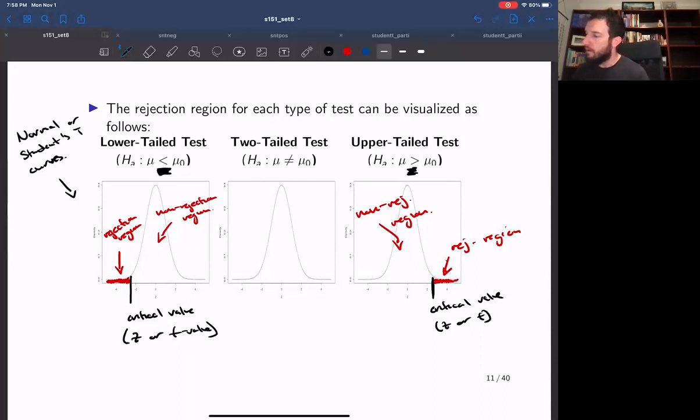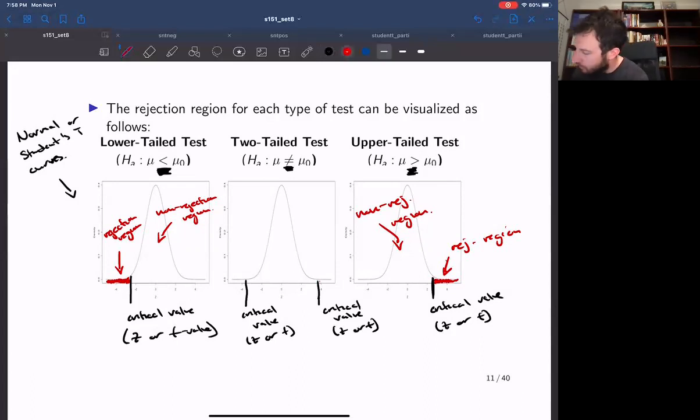Okay, so the tricky part with hypothesis testing is dealing with the does not equal sign, because what the does not equal sign does is it splits the area into each tail. So in this case, we're going to have 2 critical values. We'll have a critical value here, and we'll have a critical value here. Okay, so this will be a Z or a T, and this will be a Z or a T as well.